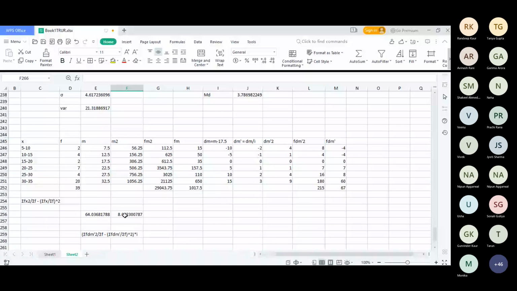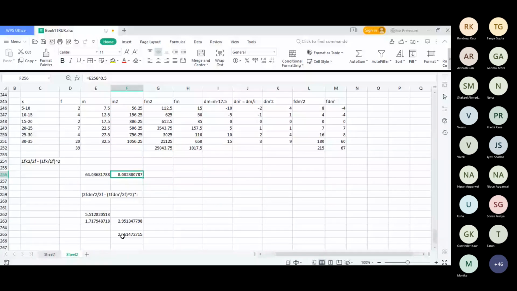From this, 8 is not coming, so maybe there is some error in the previous step or in this one. I'll check and let you know. But the objective is that this is a one-step process in which we can calculate the standard deviation at once. We need not calculate the standard deviation in two steps. But it is only applicable if it is calculated about the mean.